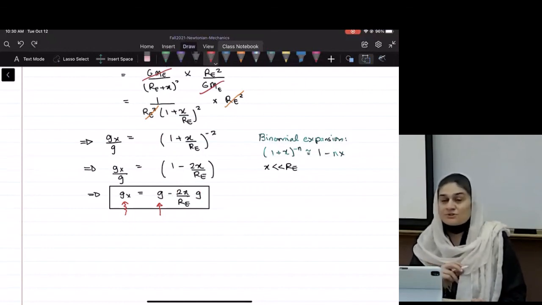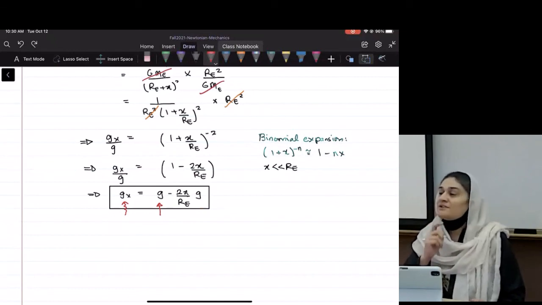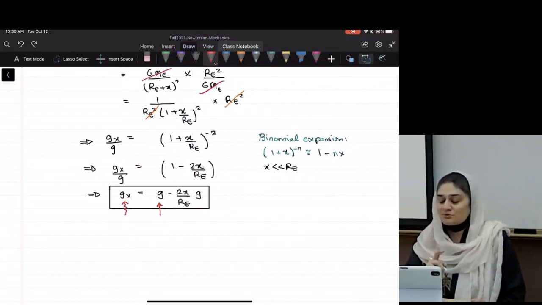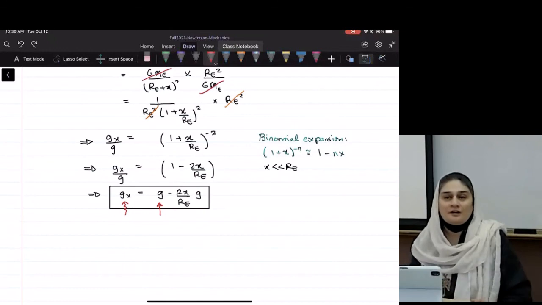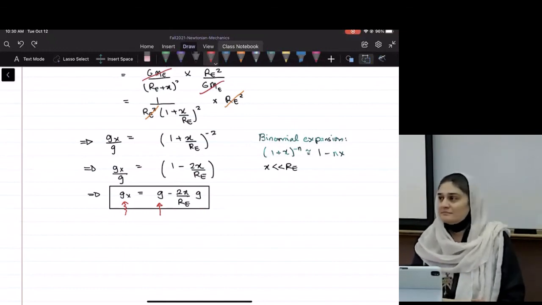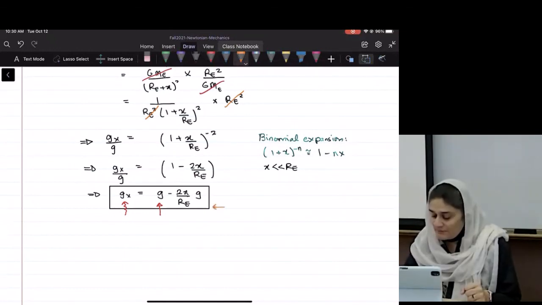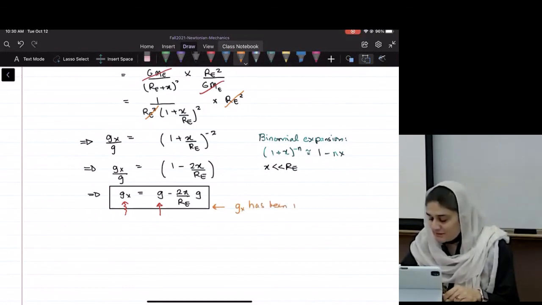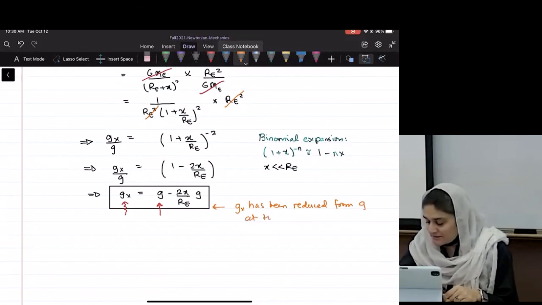So this equation should read to you that the g at altitude x has been reduced by the factor 2x over R_E. So, how do we say this? g_x has been reduced from g at the surface.